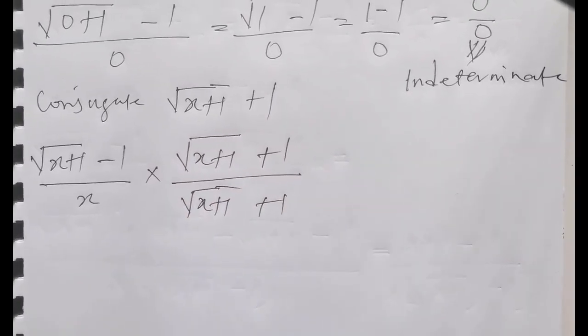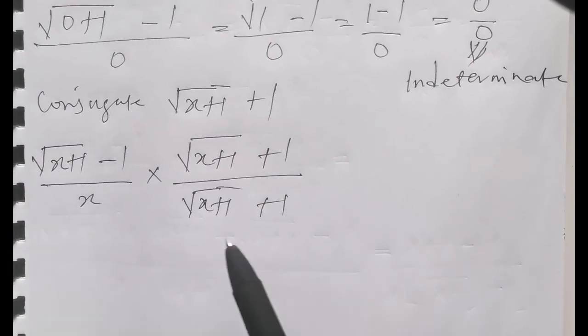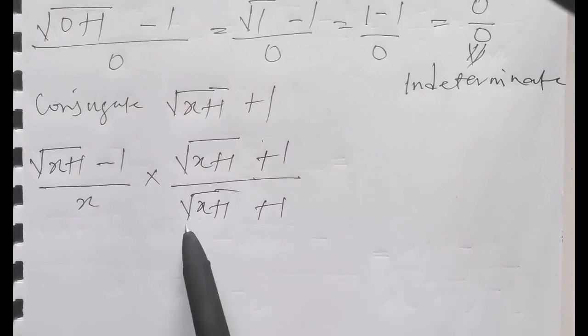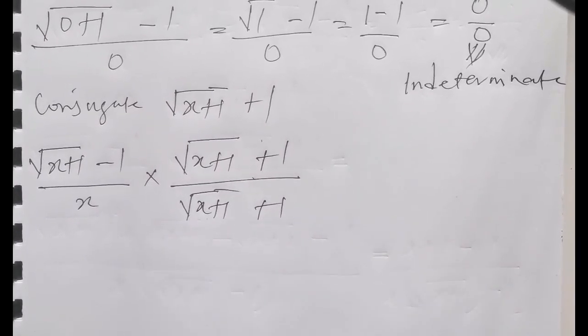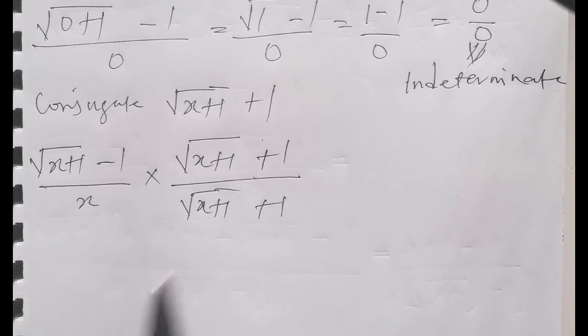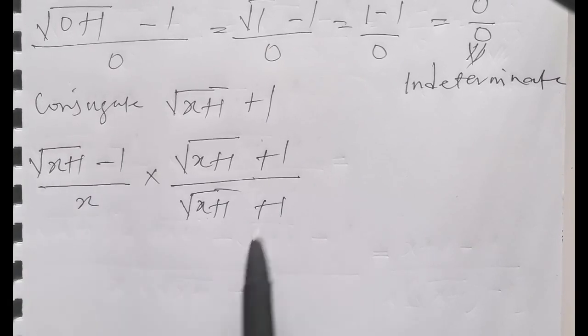This is more or less multiplying the whole expression by 1, because the square root of x plus 1 plus 1 divided by itself simply gives us 1. It's like 2 times 1 still remains 2, 10 times 1 still remains 10. Whatever you multiply by 1 remains the same. So if I multiply this whole equation by 1, it still remains the same equation, so we are mathematically correct.